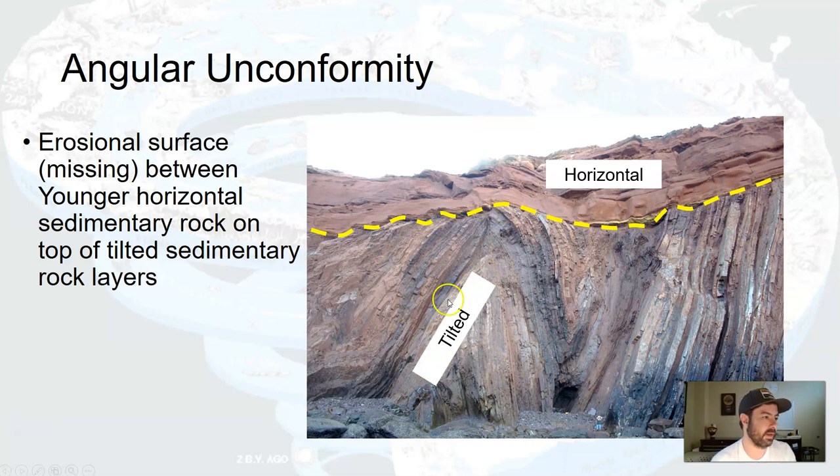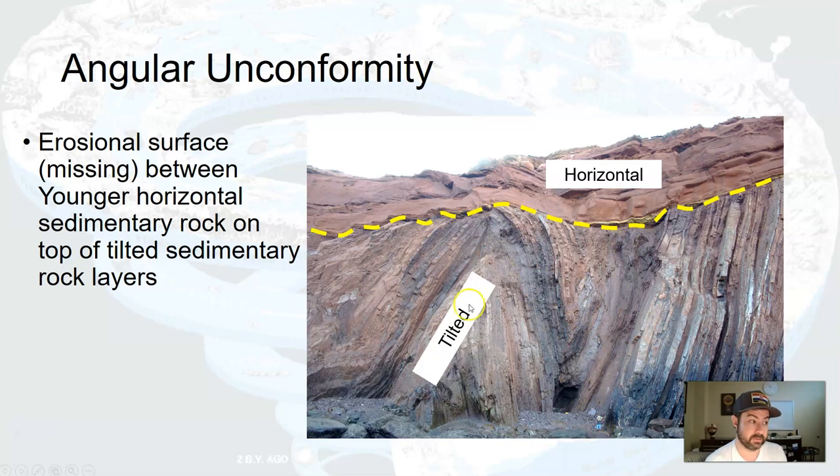The rocks below are angled and they've been weathered and eroded, ground down to a flat erosional surface, with new sediment deposited on top that eventually forms sedimentary rock. Again, probably the easiest to recognize because you've got tilted stuff below, horizontal stuff above. Angular unconformity. Just for reference, to show you the size, here's a human being right here.